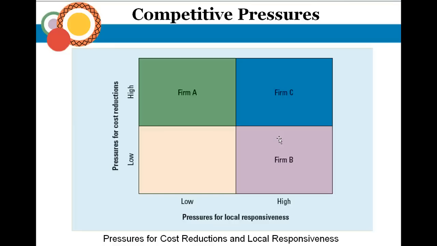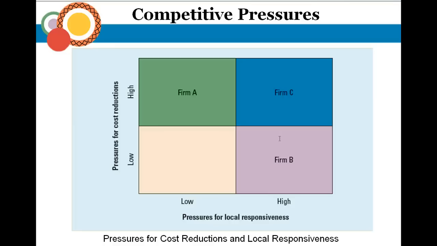So it could be just consumer tastes and preferences, or it could be business practices, distribution channels, and other such things that could call for a local response, not a global response.